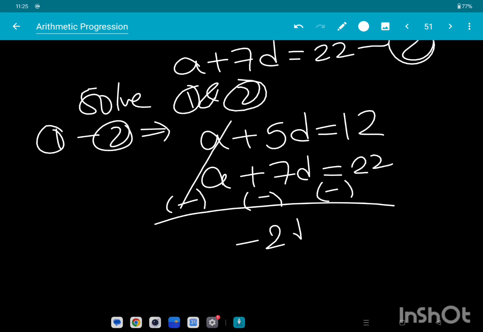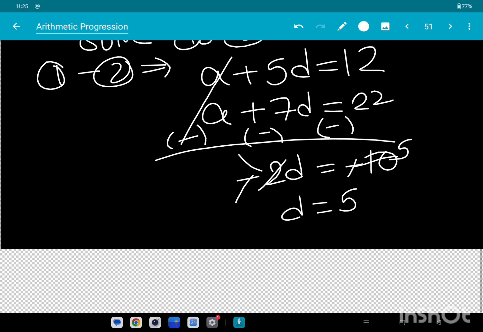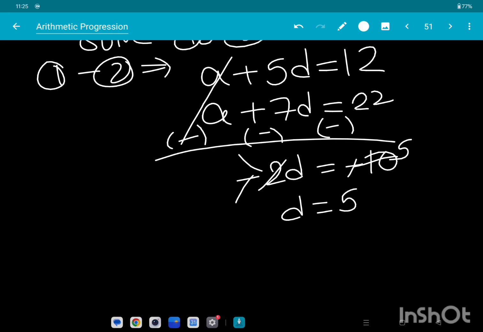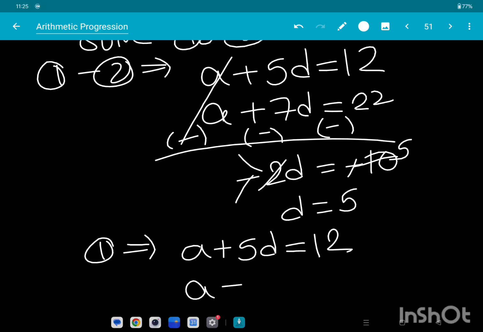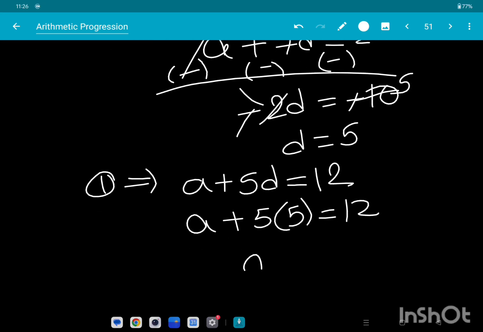Here I will get minus 2D is equal to minus 10. The minuses cancel, so D is equal to 5. Now we substitute the D value in equation 1 to get the A value. A plus 5D is equal to 12, so A plus 5 into 5 is equal to 12, which gives A is equal to 12 minus 25, which is A is equal to minus 13.